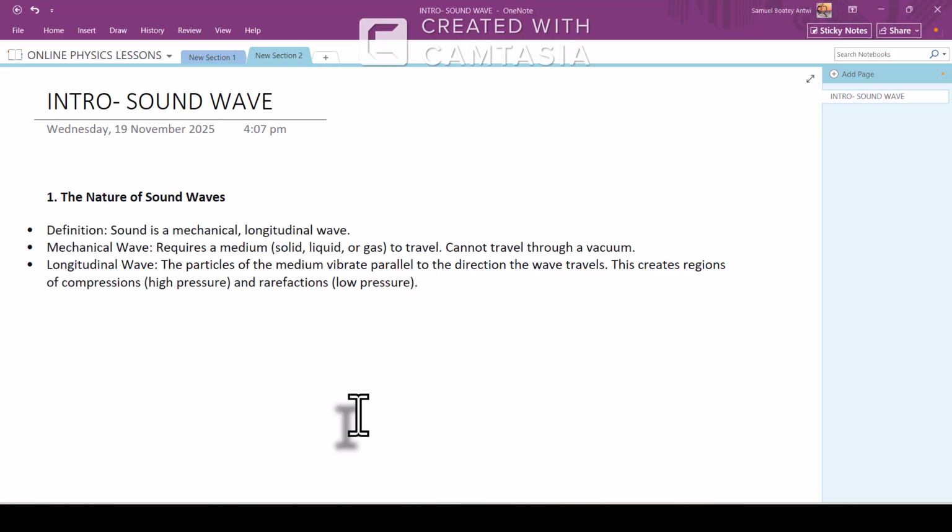As a matter of fact, sound waves fall under mechanical waves, and they are also longitudinal in nature. So, having described that in our previous discussion, you will understand that a sound wave, being a mechanical wave, would require a material medium for its propagation. Okay, so without any material medium, sound waves cannot be propagated.